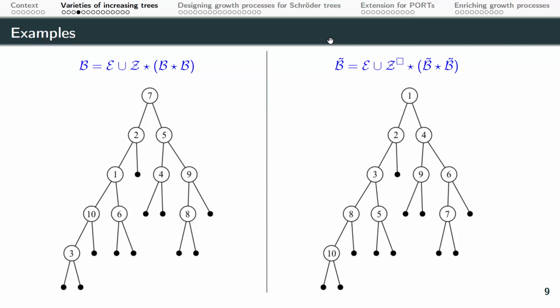So this subtree is increasing, 4, 9, 4, 6, 7. And this subtree is increasing, but the labels are just separated into two parts according to the size of the subtrees. So here we say that this tree is increasing, and if so, each label appears exactly once, and if you go from the root to any leaf, you just see a sequence of strictly increasing integers. So this is well known for years.